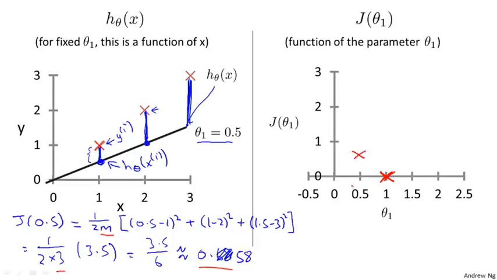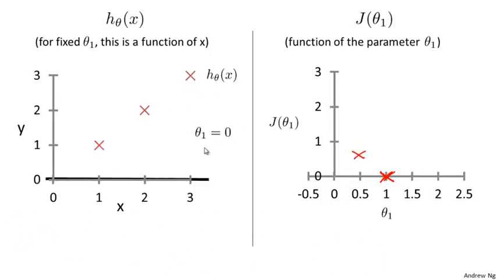Now, let's do one more. How about if theta 1 is equal to 0? What is j of 0 equal to? It turns out that if theta 1 is equal to 0, then h of x is just equal to this flat line, right? It just goes horizontally like this.